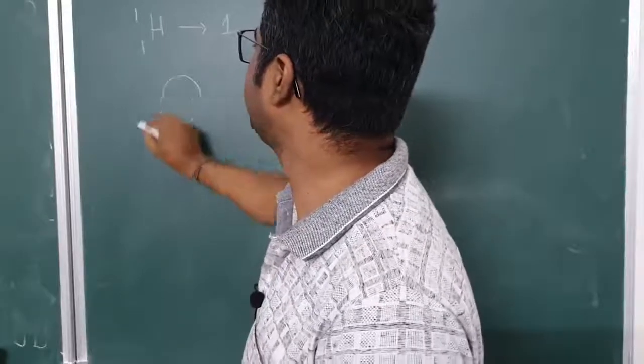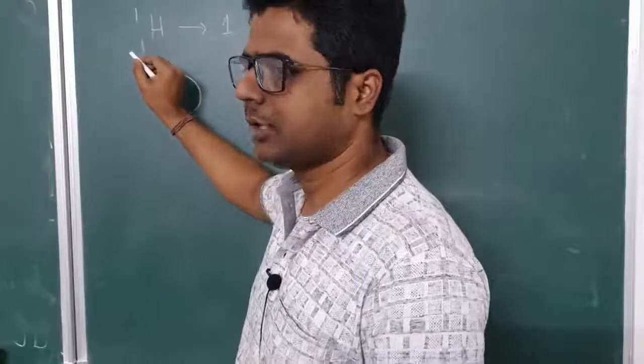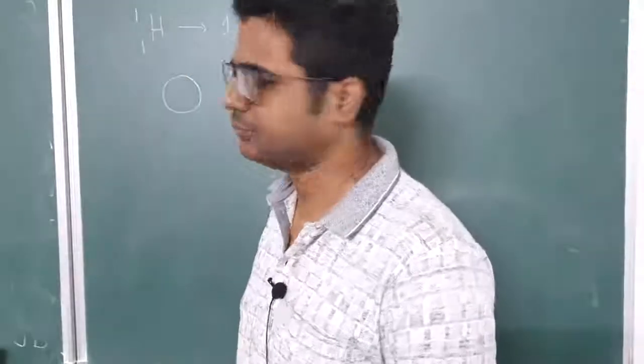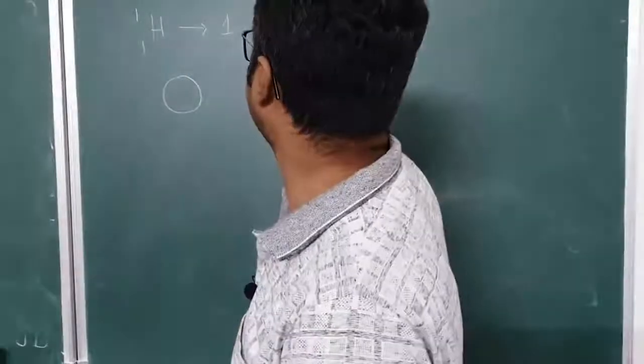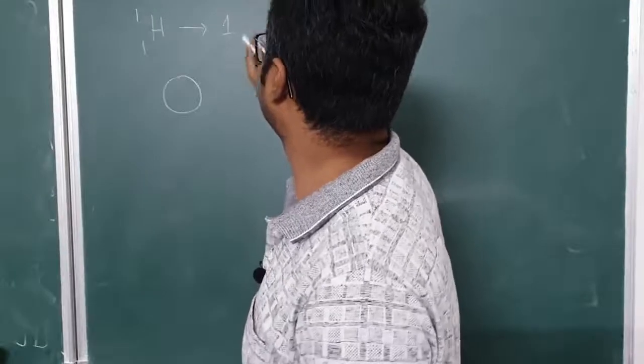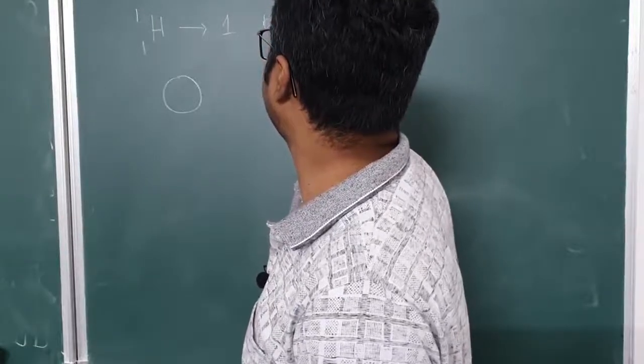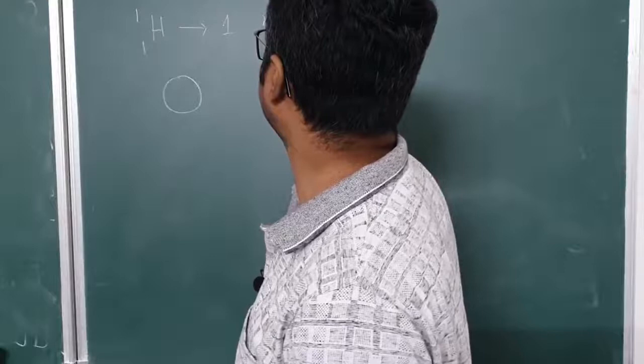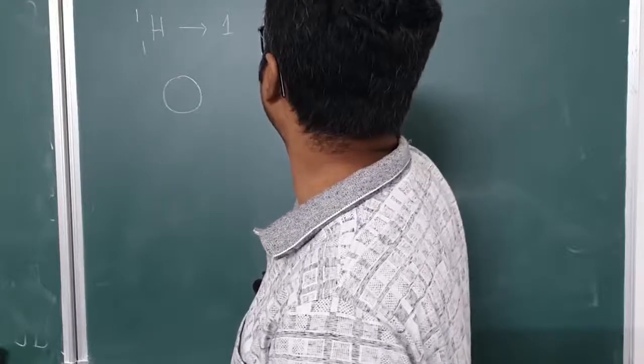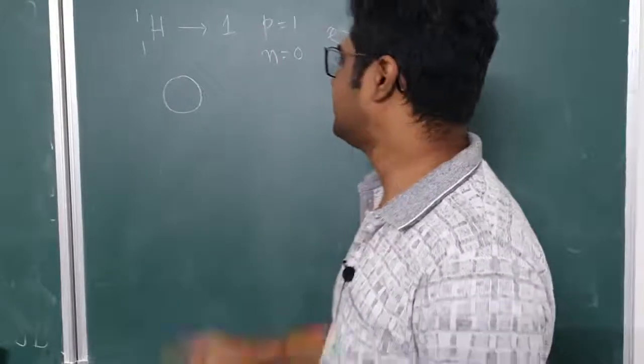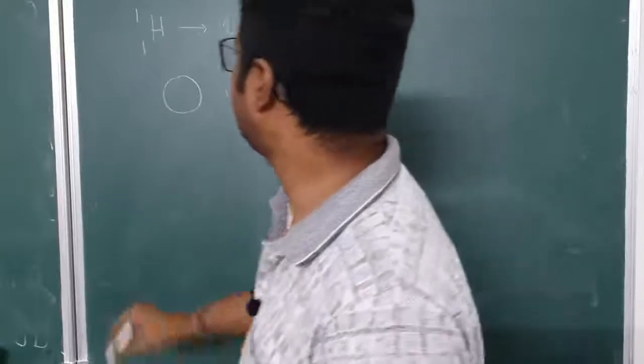The only element with number of neutrons as 0, okay? So here we have proton equal to 1, neutron equal to 0, again electron equal to 1, but this isotope of hydrogen is called protium.